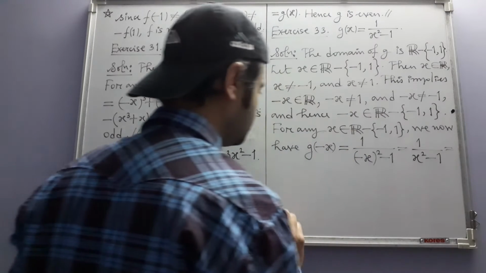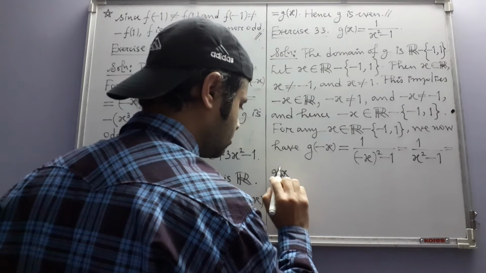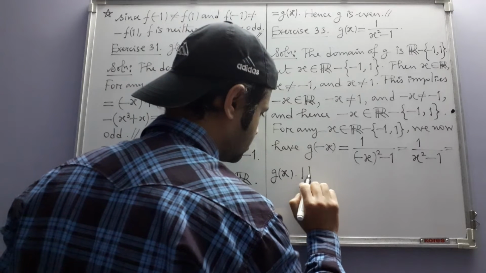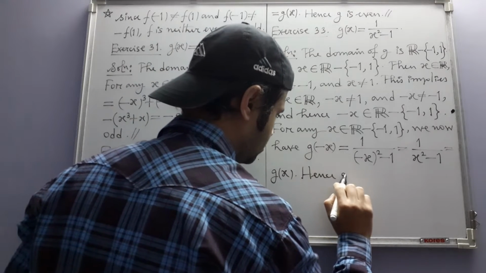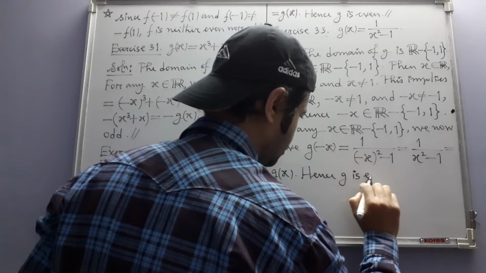This is equal to G of x, hence G is even.